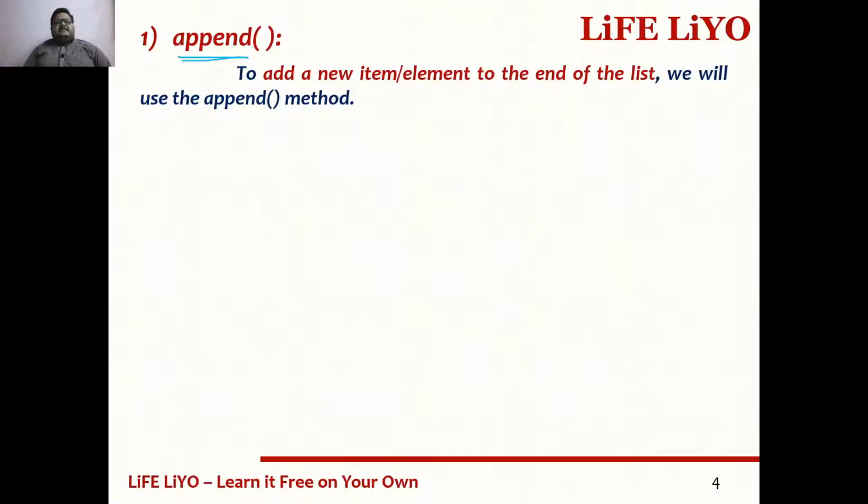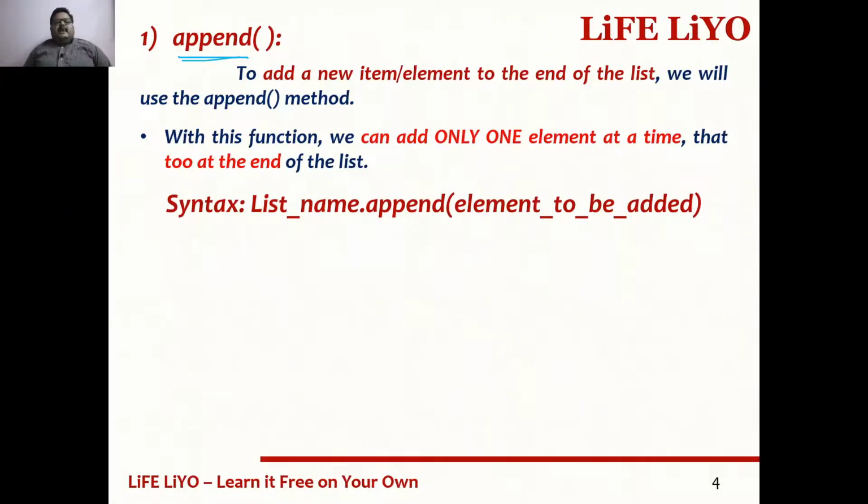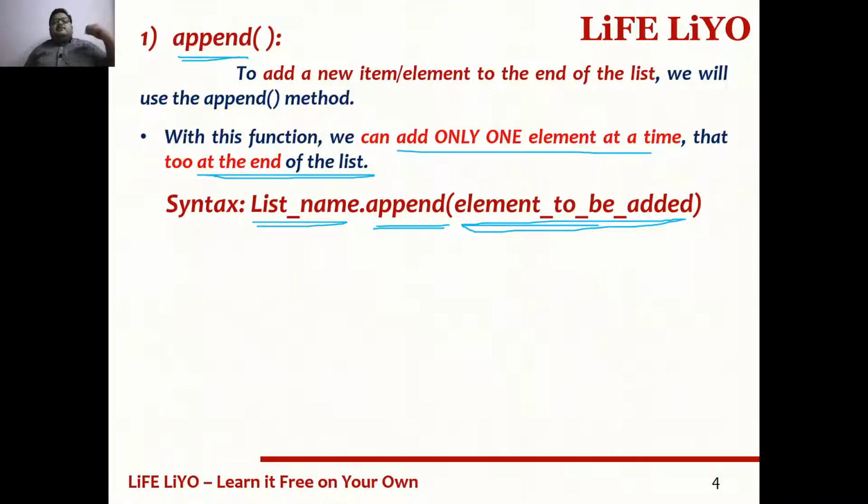The syntax is the list name dot append, and the element to be appended at the ending of the list is given inside. One more point to remember: with the append method you can add only one element at a time, that too at the ending of the list. It is not possible to add at the front of the list. It is only possible to add the element at the ending of the list.